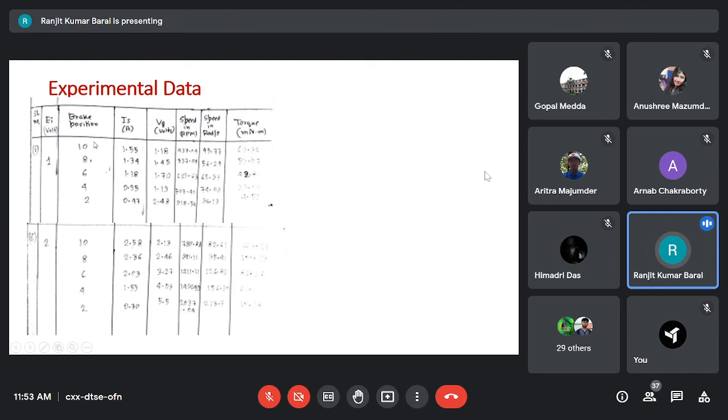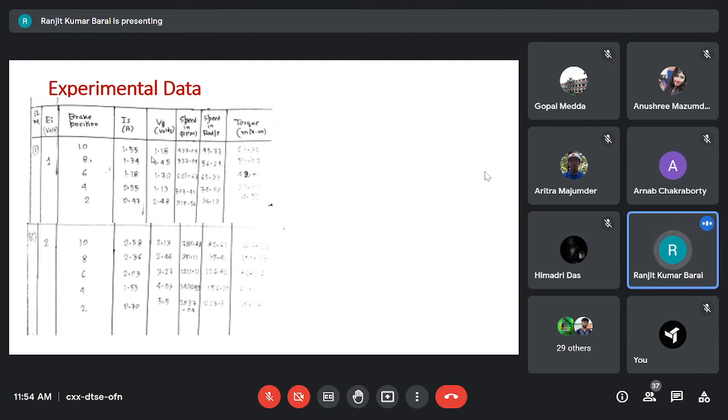What will happen at the highest brake position? The maximum armature current will be flowing because the maximum mechanical load was applied. So in order to overcome that braking torque or load torque, the motor will take sufficient armature current to produce the necessary torque to overcome the mechanical torque applied by the mechanical brake or load.